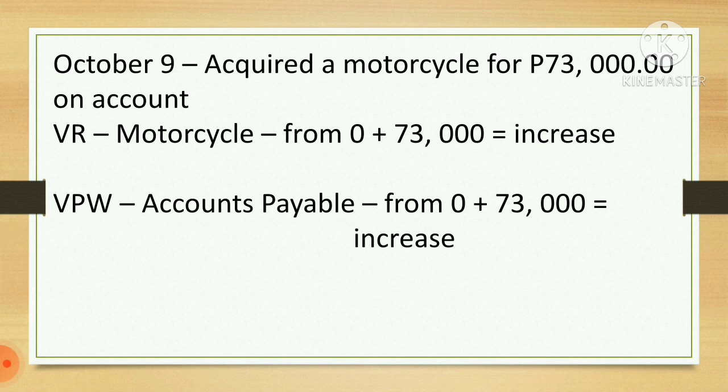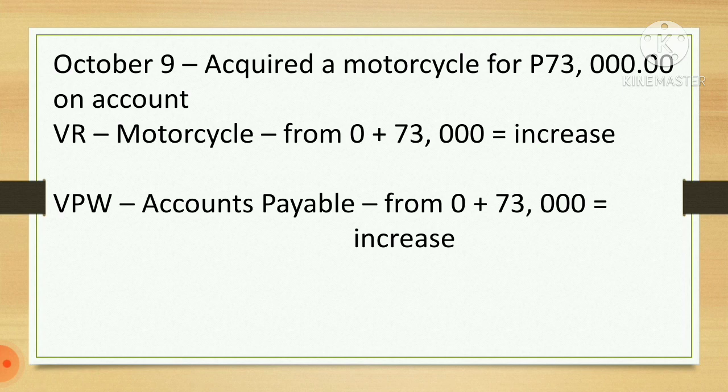So going back, let's analyze the transaction when the company acquired the motorcycle. What did the company receive? The company received the motorcycle. Value received or the debit is a motorcycle. Initially, does the company have a motorcycle? No, the company doesn't have any motorcycle yet.